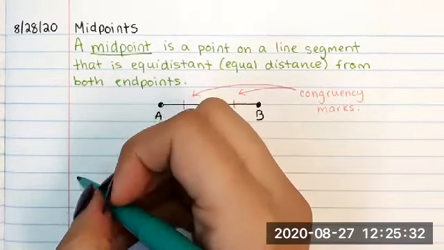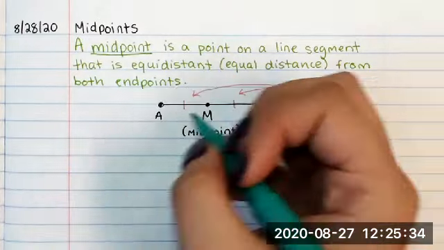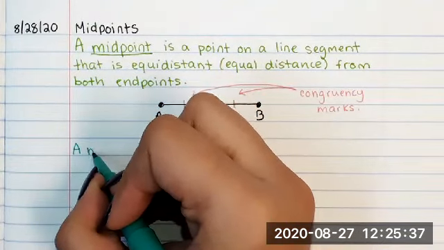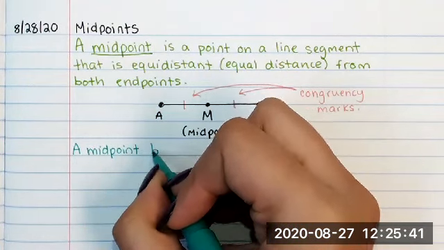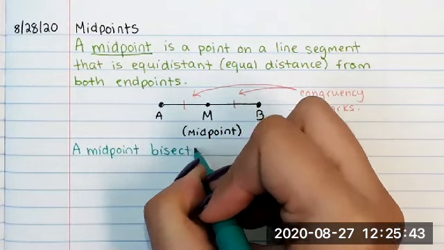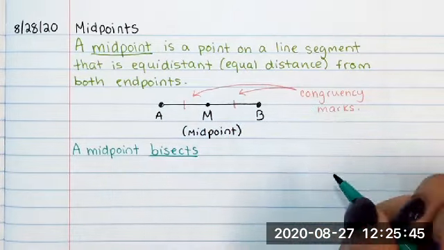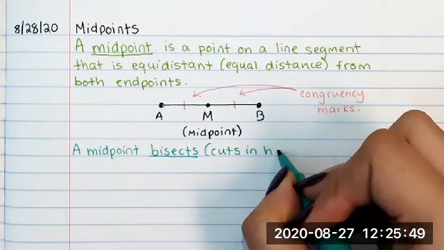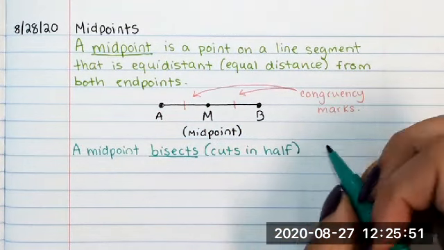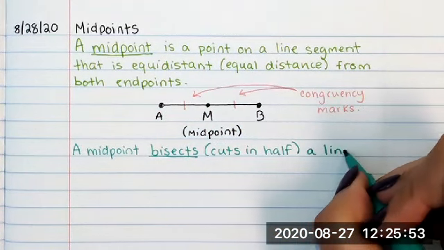All right. You also could say that a midpoint bisects, or cuts in half, a line.